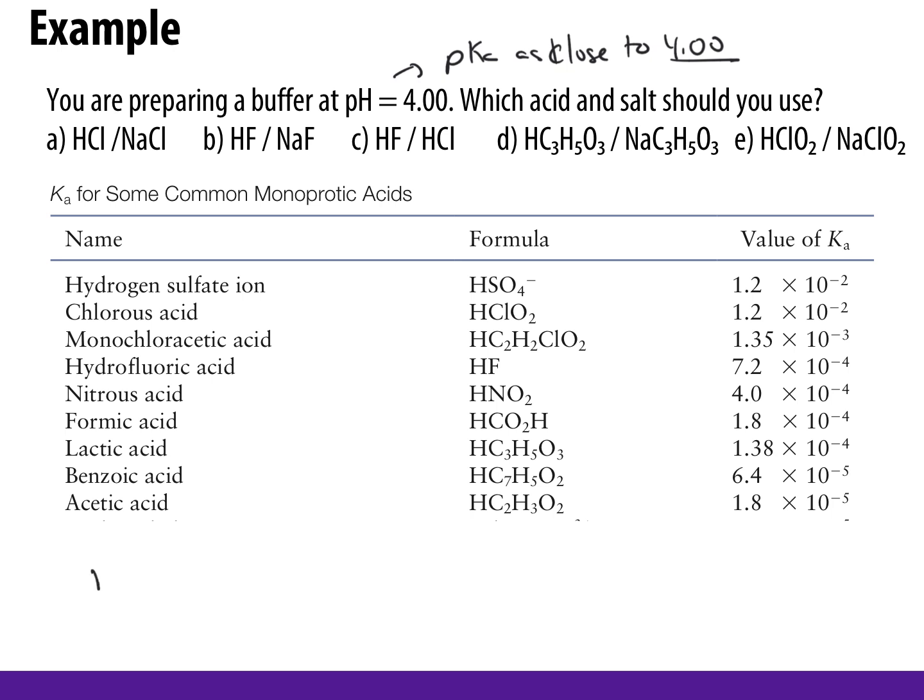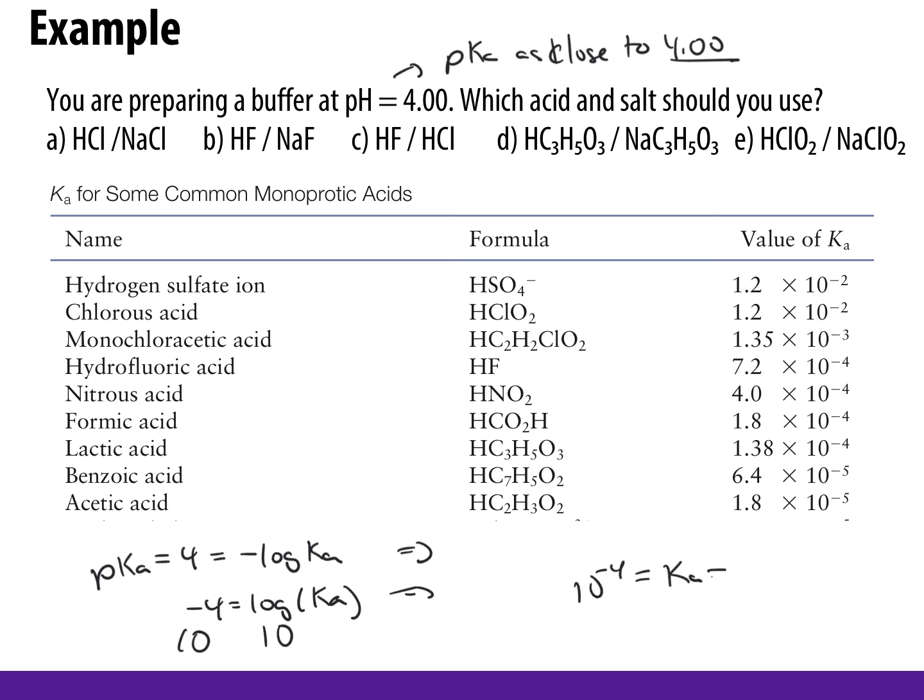So if I have pKa equal to 4 is equal to negative log of Ka, I can undo that to solve for the Ka. To solve for Ka, I'll take negative 4 is equal to log of Ka, and then take 10 to the power of both sides to undo the logarithm. When I do that, I get 10 to the minus 4 is equal to Ka. That's the Ka that I'm looking for.